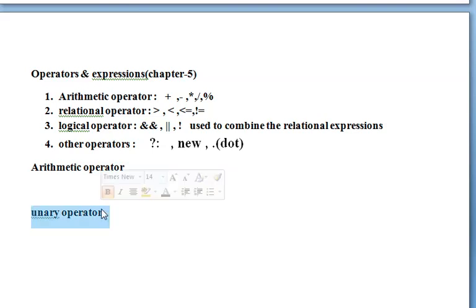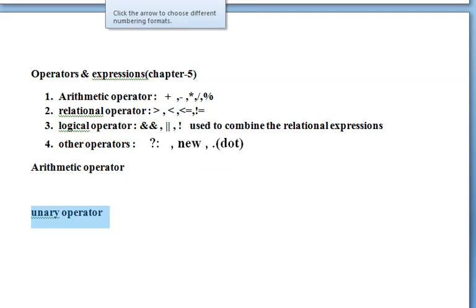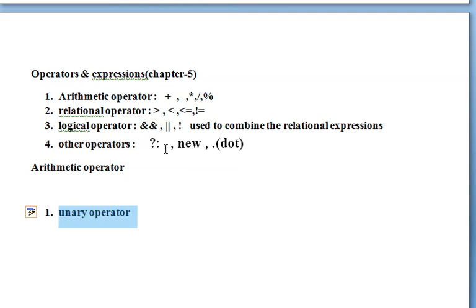Now what do you mean by operand? Operands are the variables or the identifiers on which the operation is performed. So we have unary plus as well as unary minus. To represent a positive number we can use plus 5. This is the unary plus operator.